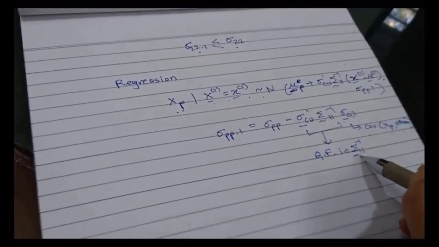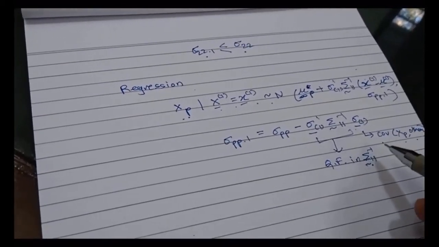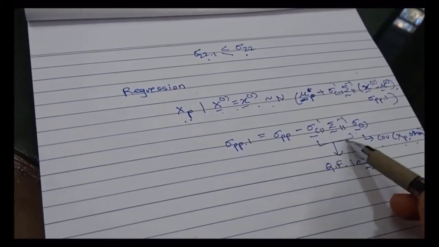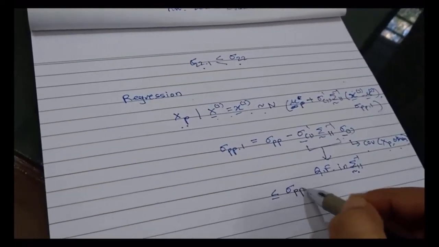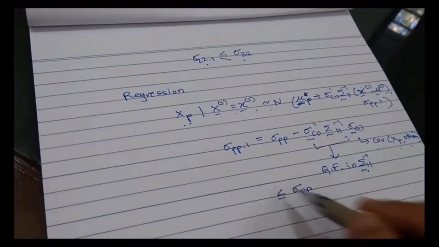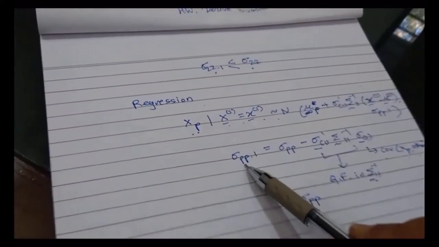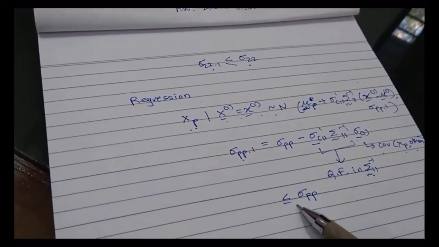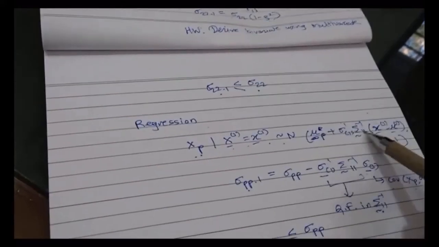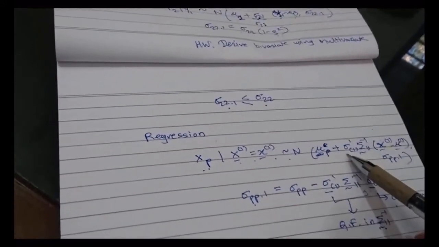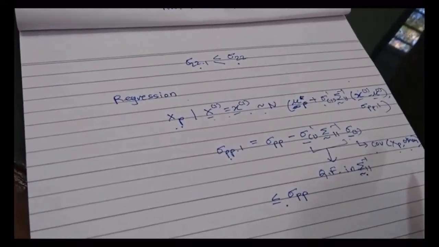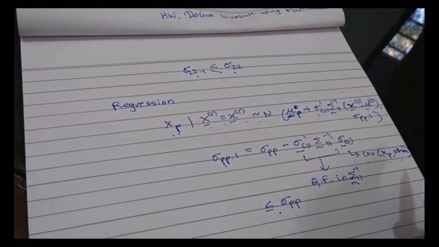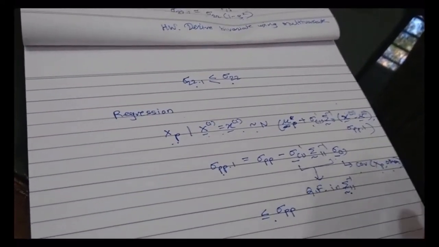We know that sigma 11 is positive definite, so sigma 11 inverse is also positive definite, and this quadratic form will be positive. So this variance will always be less than or equal to sigma pp. The same story holds: the conditional variance is always less than or equal to the marginal variance. And here also, if all the covariances are positive, then whatever we talked about holds true. So here I will stop my discussion about conditional distributions.